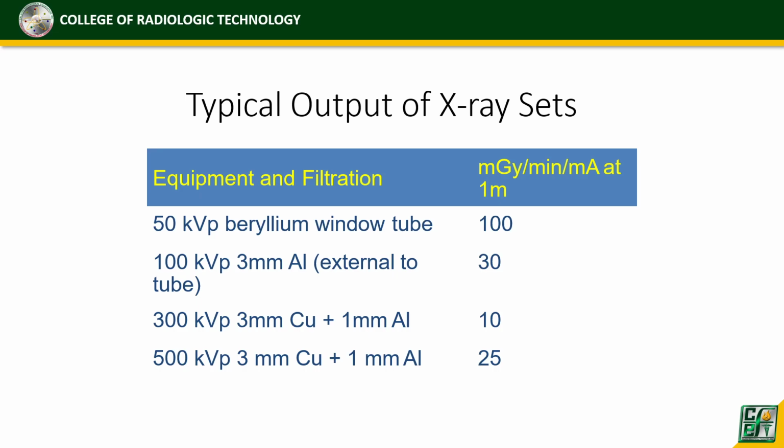Usually naman, ang ginagamit nating tube is 100 to 150 kVp, depende sa level of the facility. Kapag level 3, usually umabot siya ng up to 300 kVp.